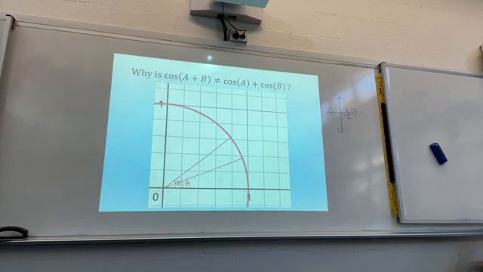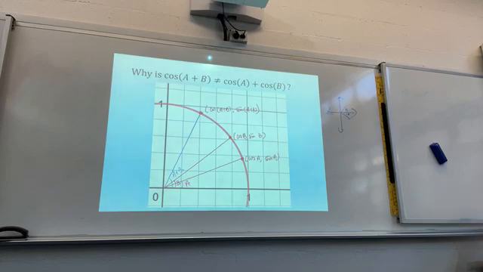Let's say this is A plus B. This angle here is A plus B. Now, this would be the coordinate cos A, sine A. The coordinate here will be cos B, sine B. And the coordinate here will be cos(A plus B), sine(A plus B).